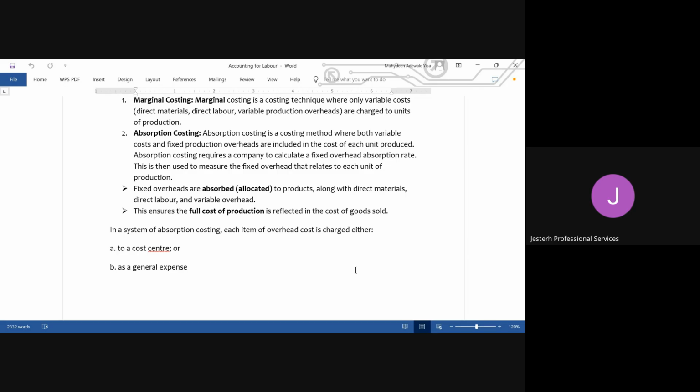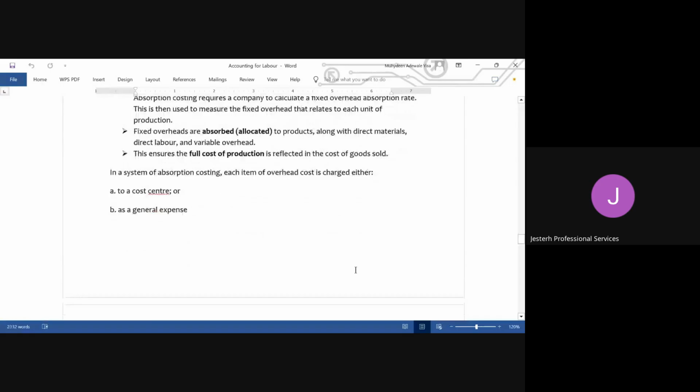An organization will be the one to come up with the approach. Maybe they want to absorb those costs according to the level of production of each cost center, or they want to absorb the costs based on the total hours spent in producing the total productions in that particular cost center.